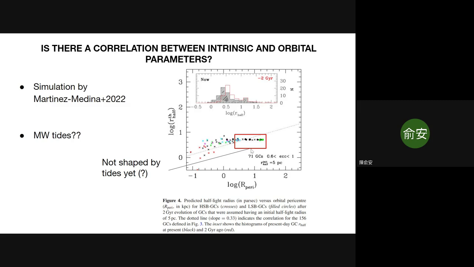So which is why we don't quite see a trend as compared to the lower pericenter objects. Again, in this paper they don't really talk too much about the reason, but the matter of fact is that there is a relationship, and it might be explained by tides, or there might be some other effects.